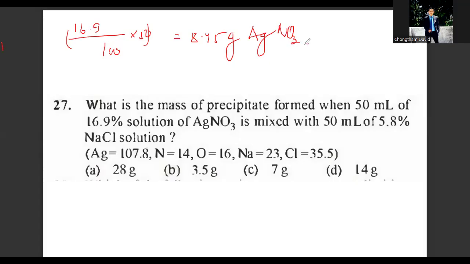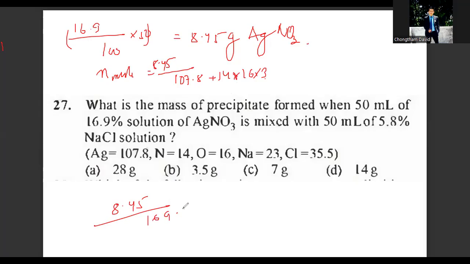Right, so mole can be found out from this relation. n moles will be 8.45 divided by 107.8 plus 14 plus 16 into 3. So it gives approximately 169.8. So divide 8.45 by 169.8.